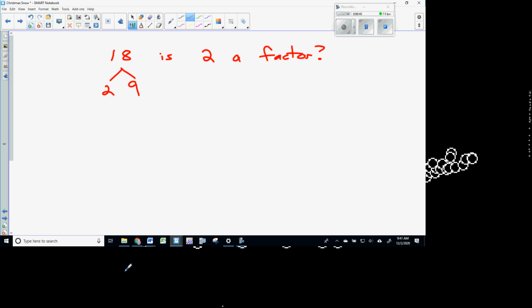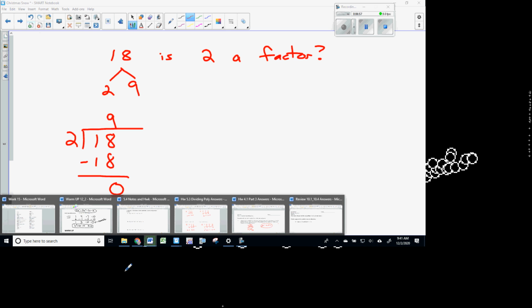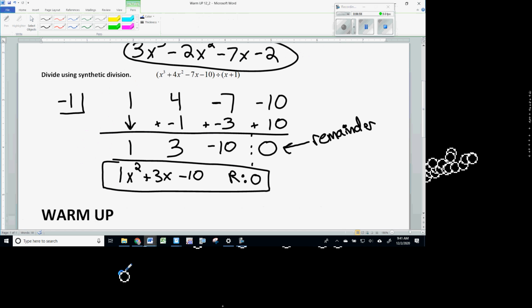Now, the other way would be to actually do long division and say you get a remainder of 0. That shows you it's a factor. So if we have this and we get a remainder of 0, that tells us that x plus 1 is a factor of that polynomial.